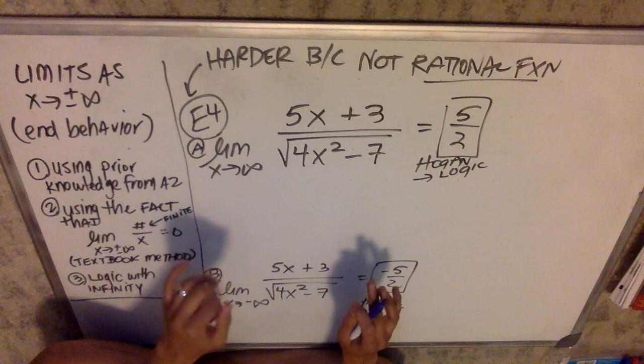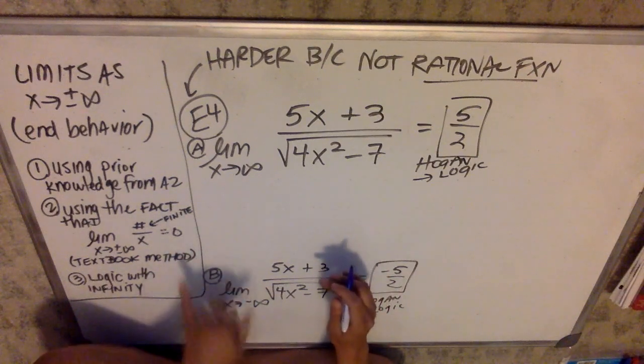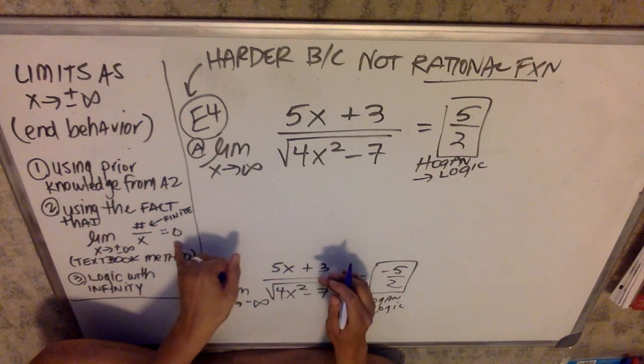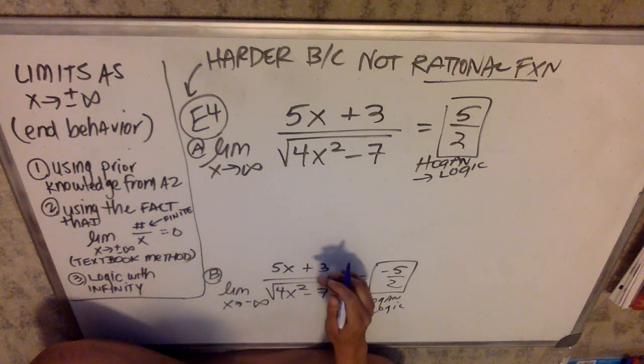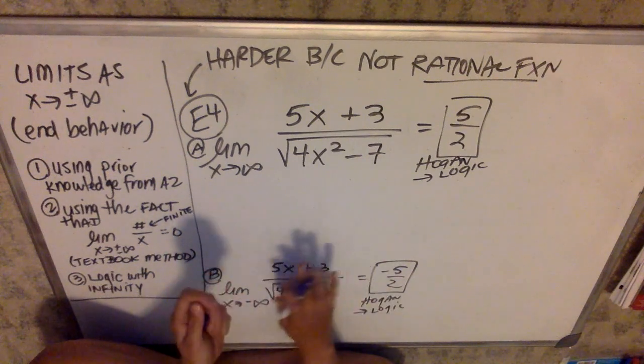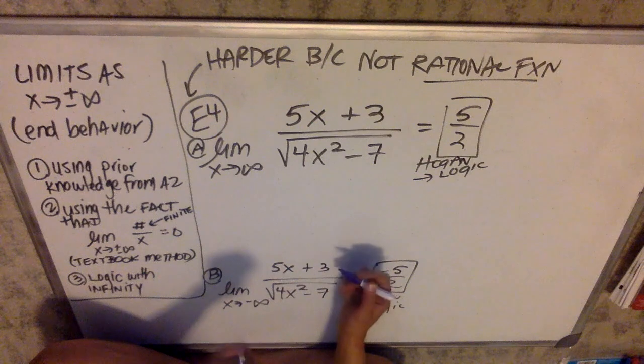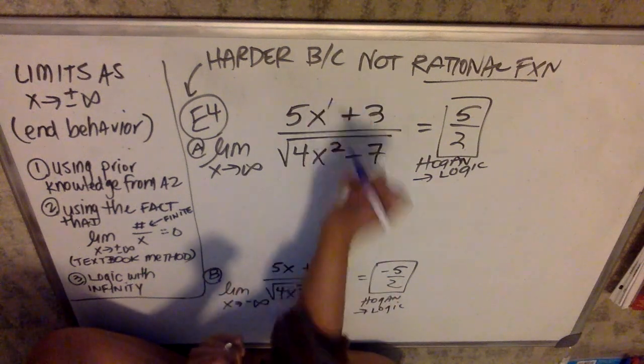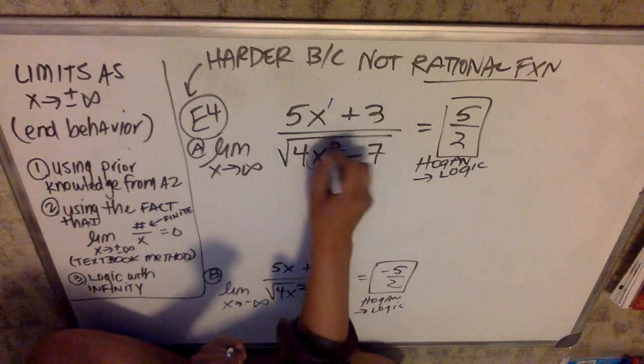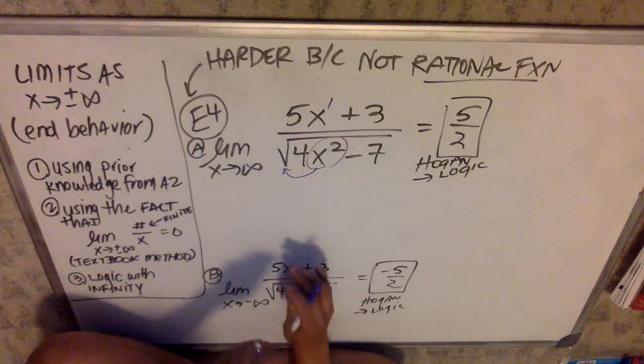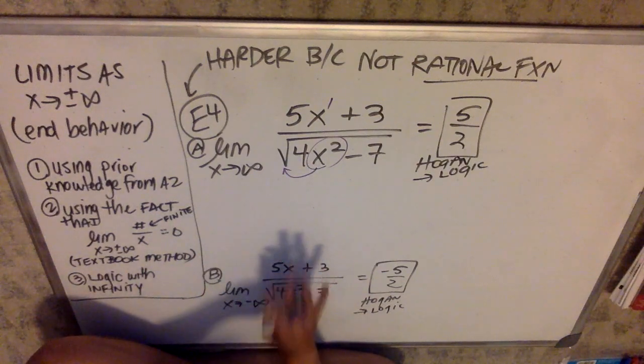So the trick here is that I want to use that same limit thing that the book's been using, where I want to multiply by the biggest power of the variable that I see. Well, the trick is that this power is an x to the first, and this power is an x to the second, but it's x to the second inside the root.